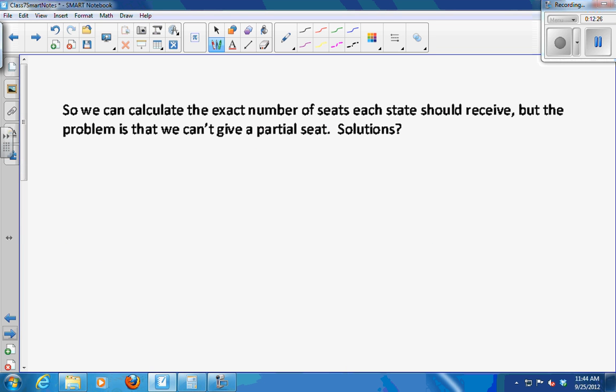So we can calculate the exact number of seats that each state should receive, but the problem is that you can't give a partial seat. So this is kind of a big problem.